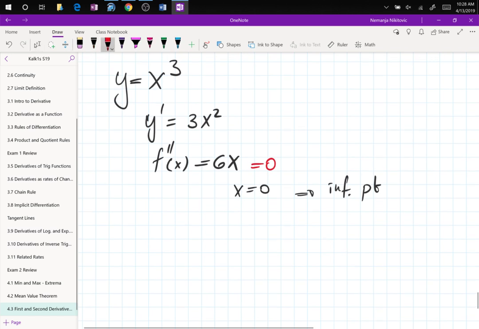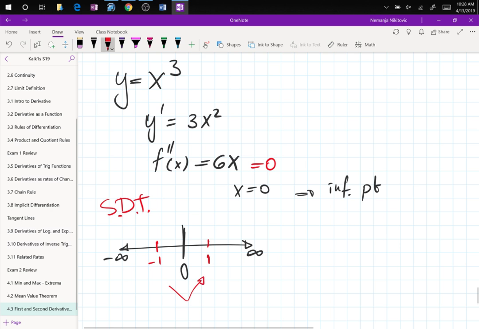To do the second derivative test, we partition the entire domain, in this case negative infinity to positive infinity. We partition at the inflection point, and we pick test points c.